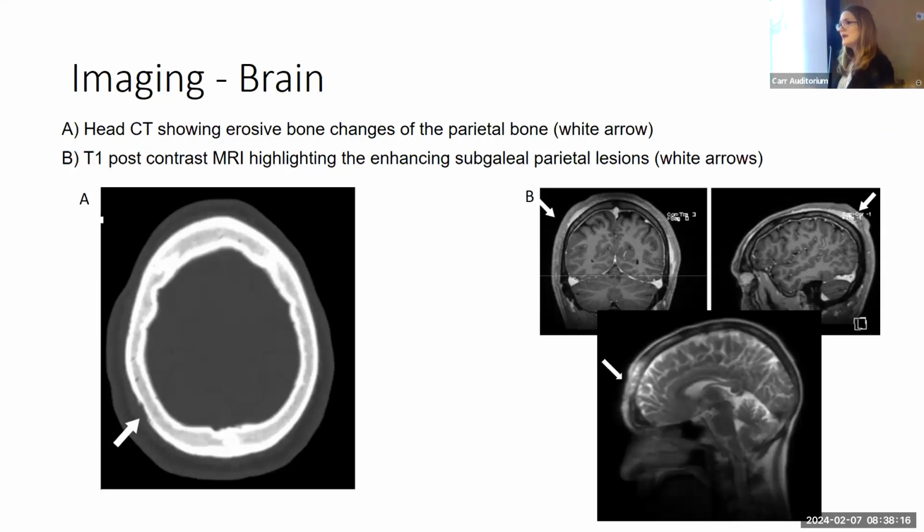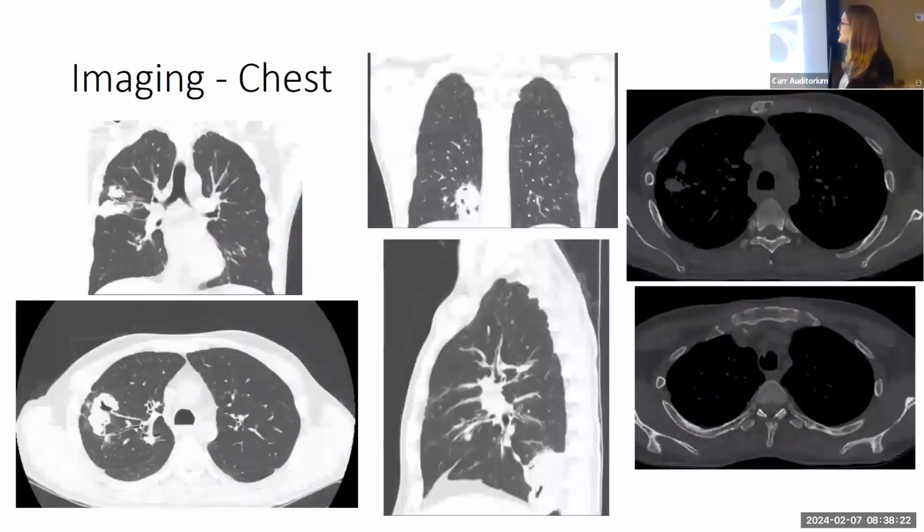Because he had a cough, he had gotten a chest x-ray, which was abnormal. So they did a chest CT, and here were the findings of the chest CT. You can see most of the findings in the lungs are sort of on the right side, involving the upper lobe, lower lobe. And I also included some bone windows here on the right-hand side of the slide, because there are also some lesions within the bones of the chest.